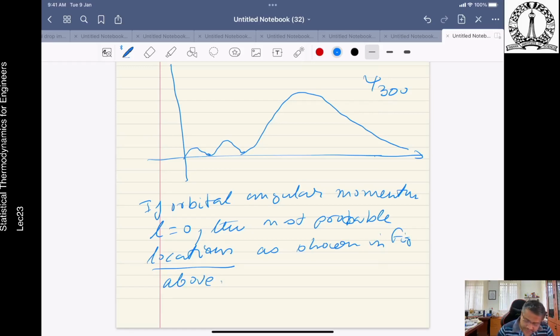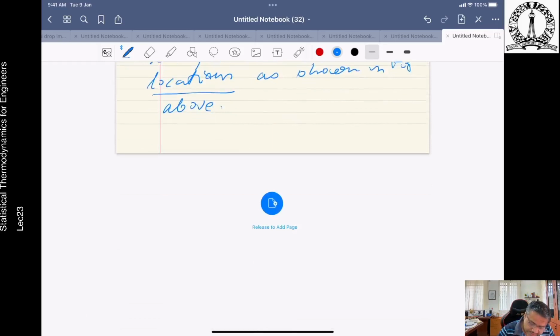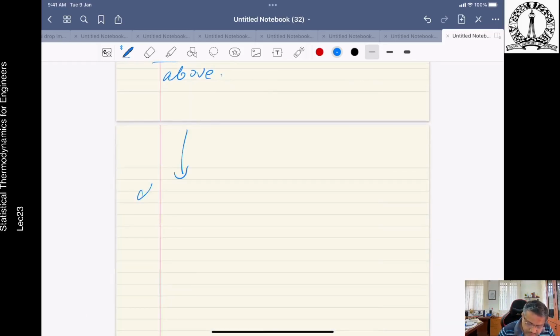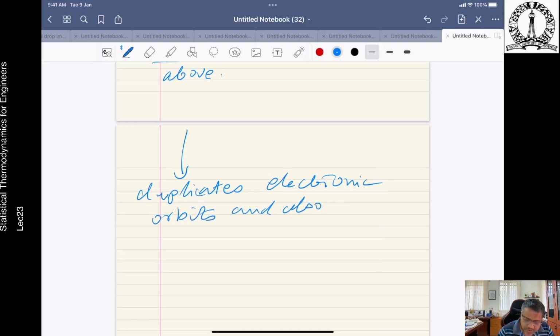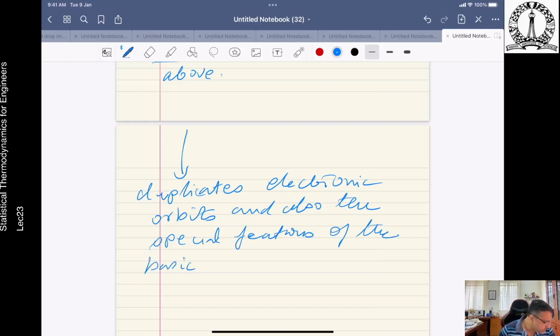This duplicates the electronic orbits, and also the features of the basic spectrum as suggested by the Bohr model.